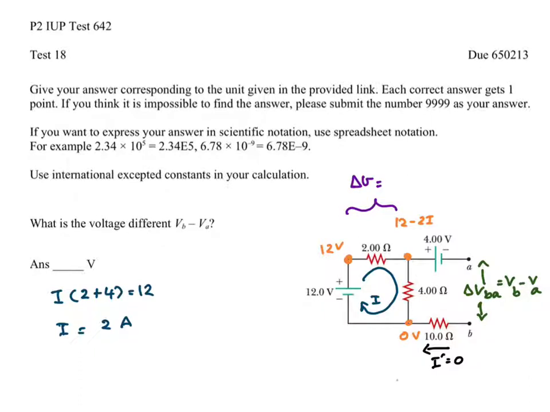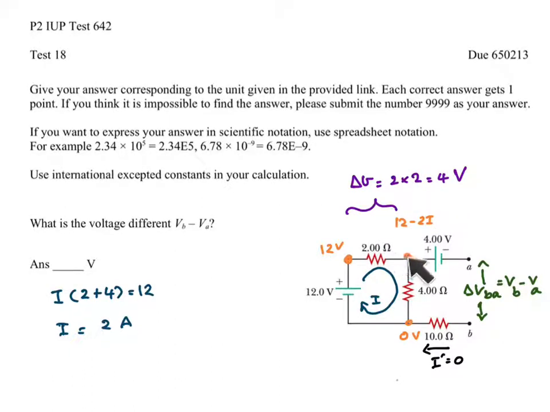So the voltage difference here is equal to 2 ampere times 2 ohm, which equals 4 volt. Okay, so it means that when we cross this resistor, the potential will drop by 4 volt.